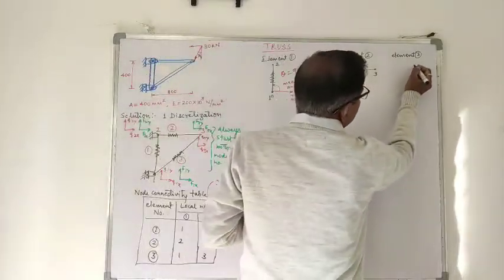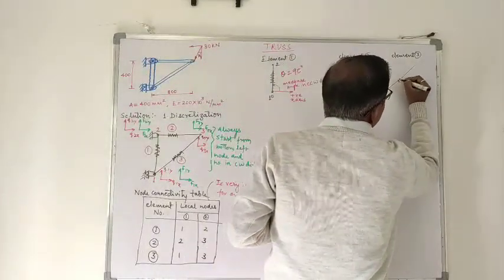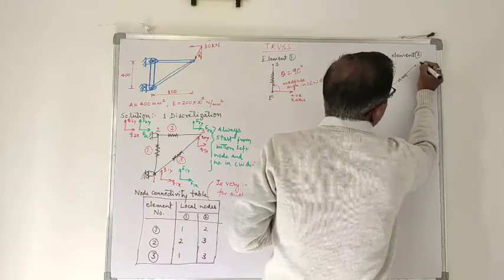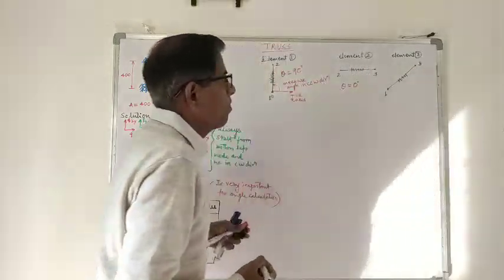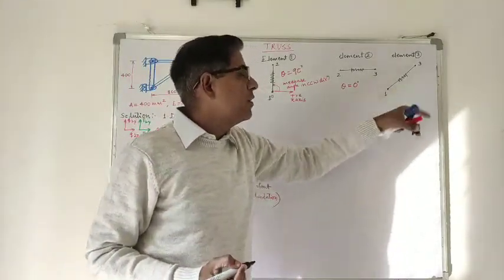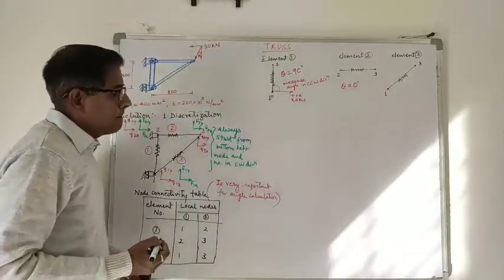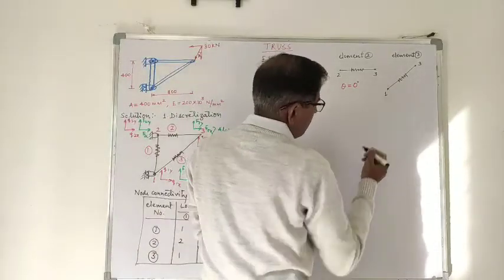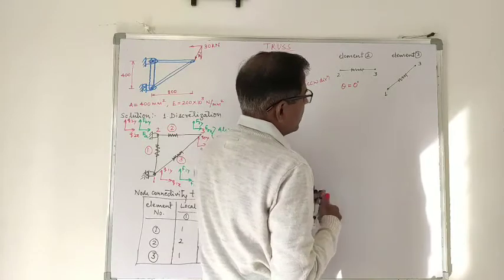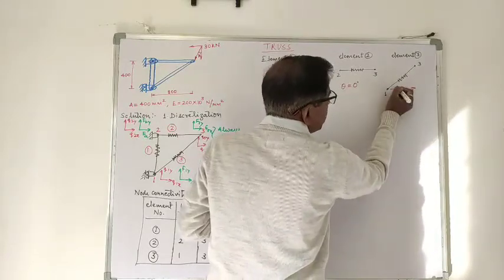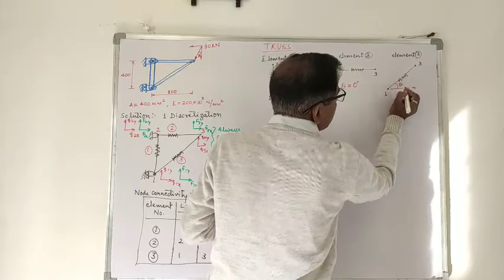So element number 3 is this one, this is 1, this is 3. Now we need to measure the inclination of this member. How? Measure at the first local node, consider this as origin, draw the positive x-axis, and measure in anti-clockwise direction.